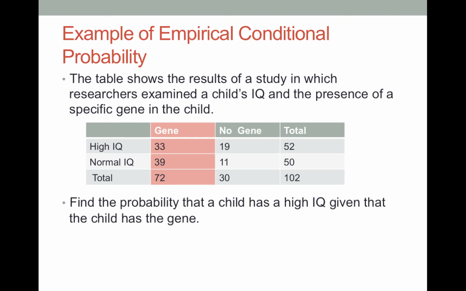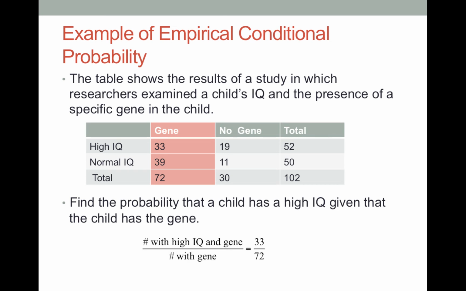So now we're going to use only this column to calculate our conditional probability that the child has a high IQ. Of the kids that have the gene, how many have a high IQ? The answer there is you see 33 have the high IQ and the gene. How many kids have the gene? You see 72 as the number with the gene.